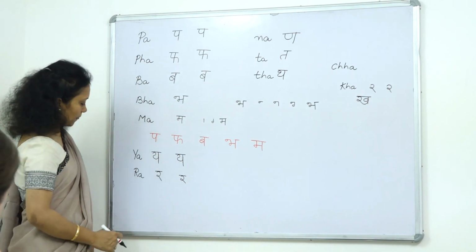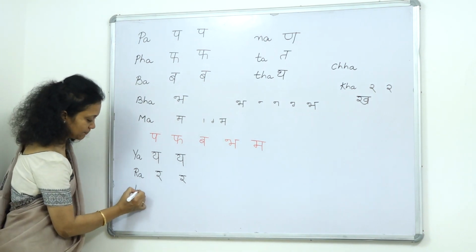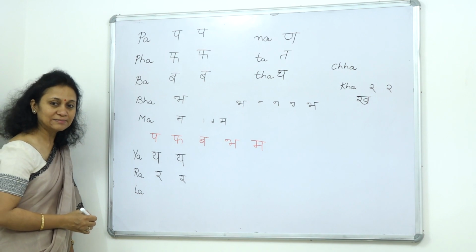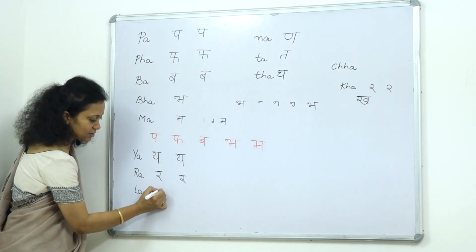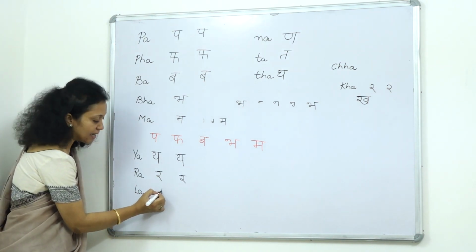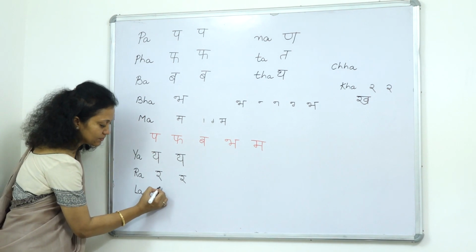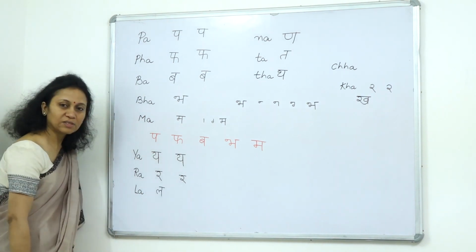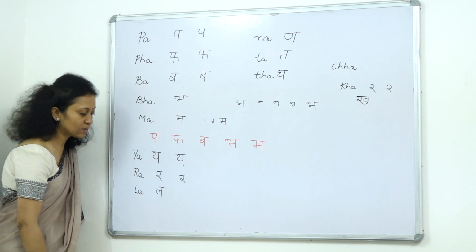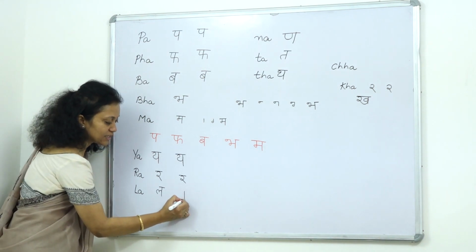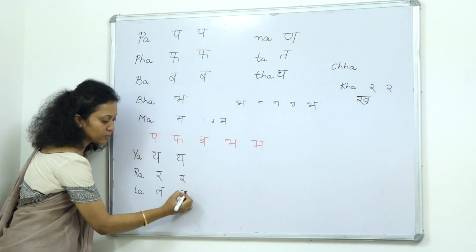So the next one is L. For the L, there is a vertical line and an inverted 3, actually upside down. So we have a vertical line and an upside down 3.